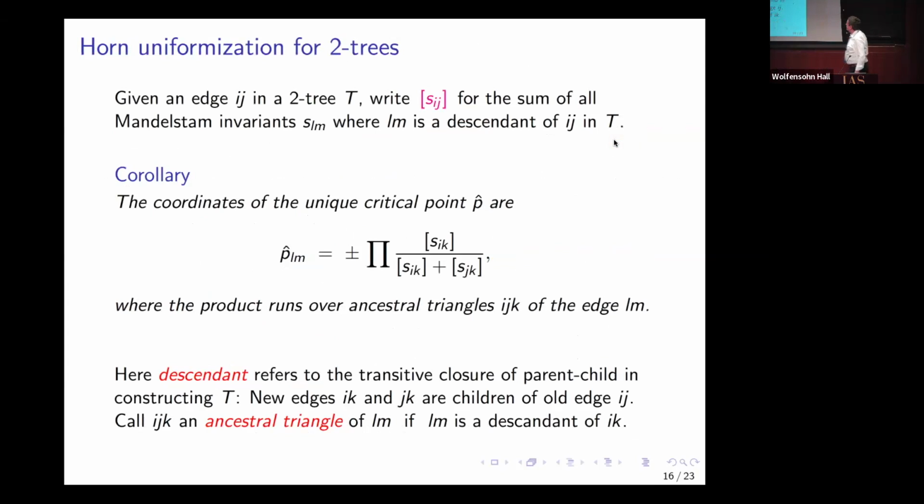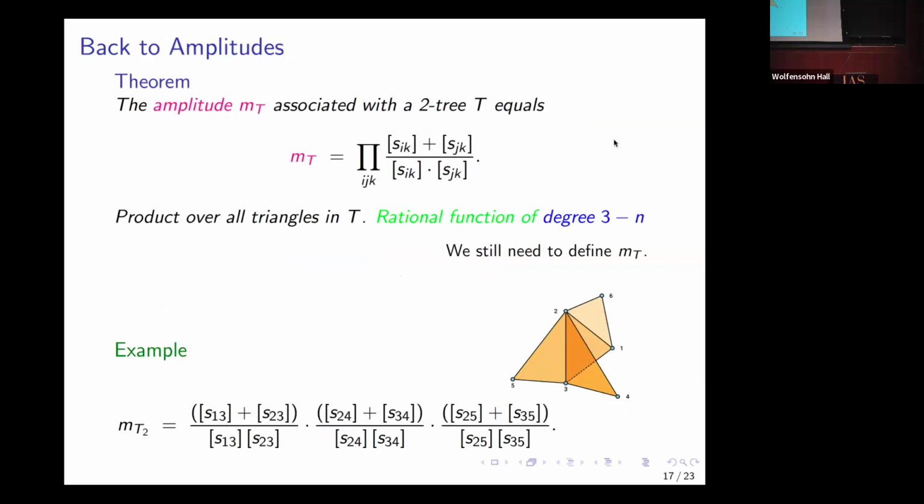Now let's take the last 10 minutes and take this back to amplitudes. Let me state a theorem without having given you the definition. I'm going to give you the definition afterwards, but I'm going to state a theorem first. For every two-tree, I can define an amplitude, M_T, and the amplitude associated with the two-tree is the following product.